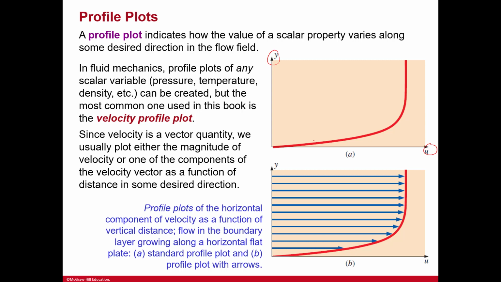But the most common one used in this book is the velocity profile plot. And here, profile plots show the horizontal component of the velocity as a function of the vertical distance. So it's that horizontal component of the velocity, but taking into account its vertical distance in a flow, right? In the boundary layer growing along a horizontal flat plate.